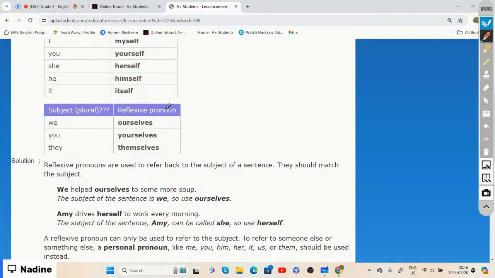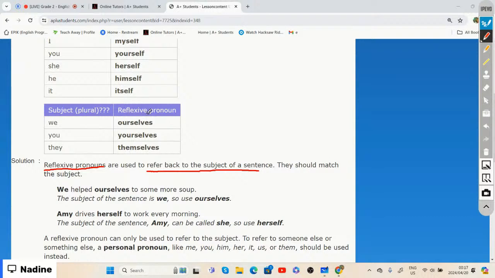That is reflexive pronouns. So within a sentence, the reflexive pronoun is used to refer back to the subject of the sentence. They need to match the subject.